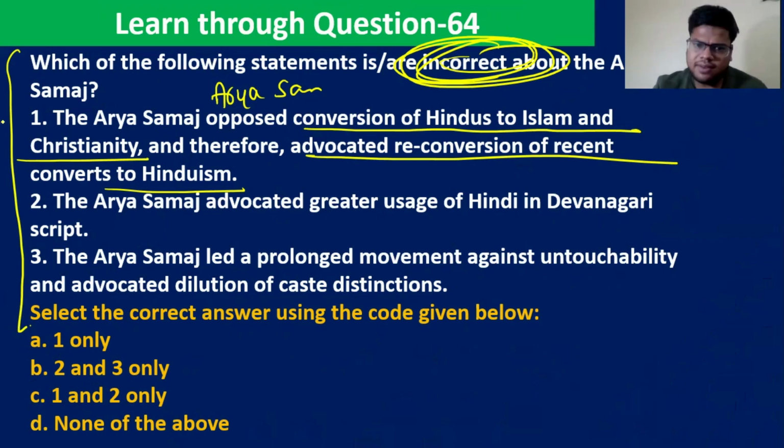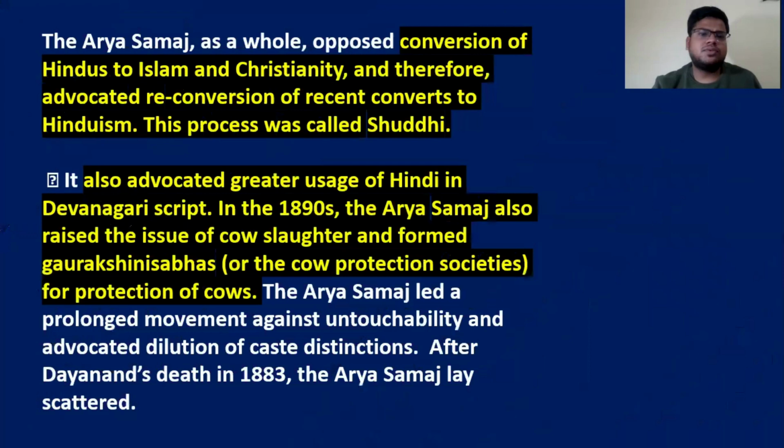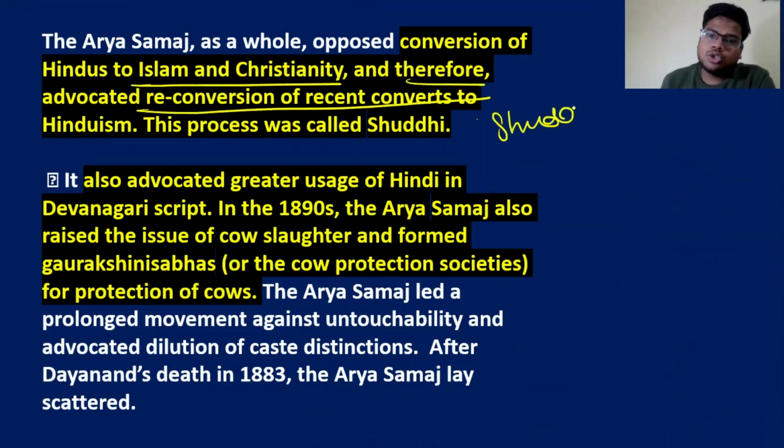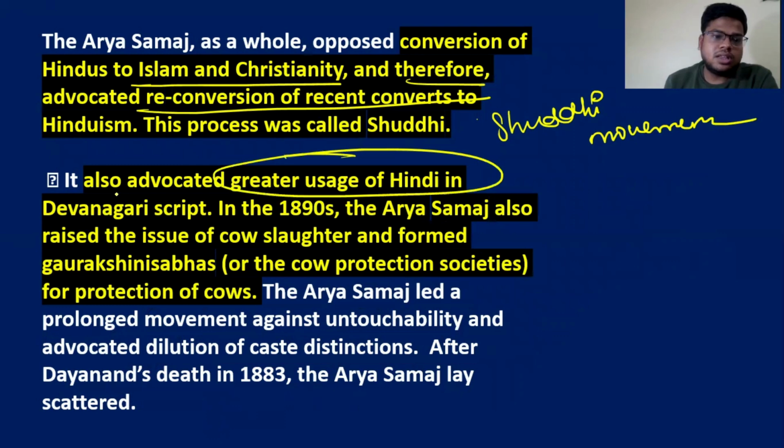So Arya Samaj we have discussed in detail. Arya Samaj, as a whole, opposed the conversion of Hindus to Islam and Christianity, and therefore advocated the reconversion of the recent converts, which they called the Shuddhi movement. They advocated the greater use of Hindi in the Devanagari script.